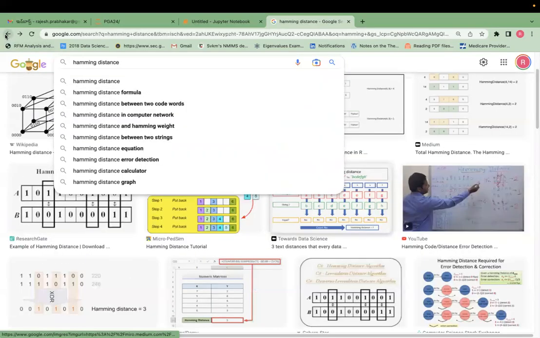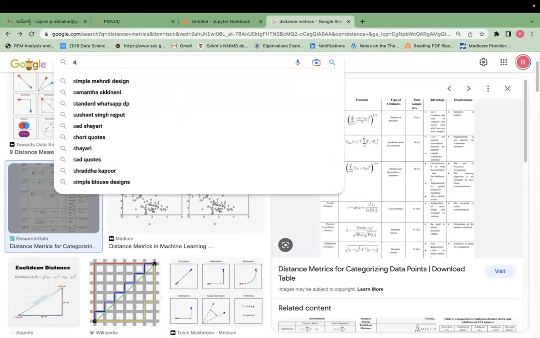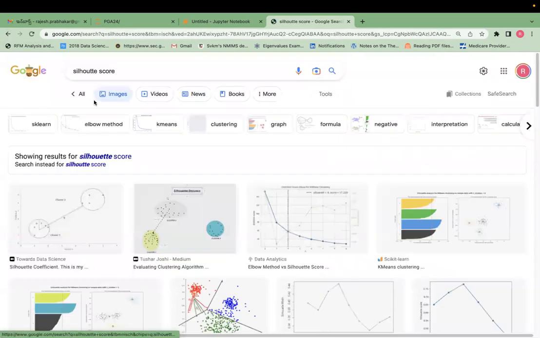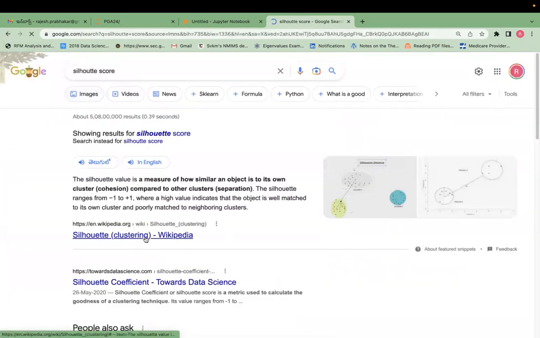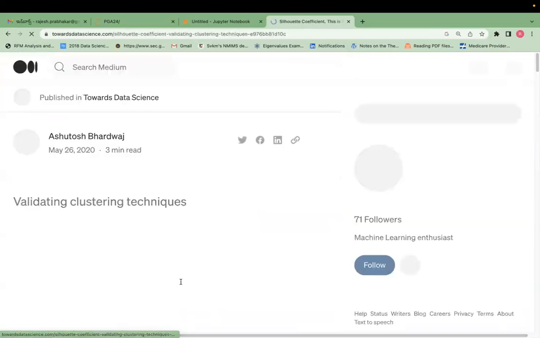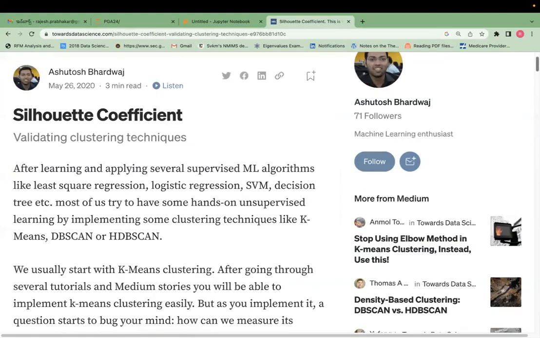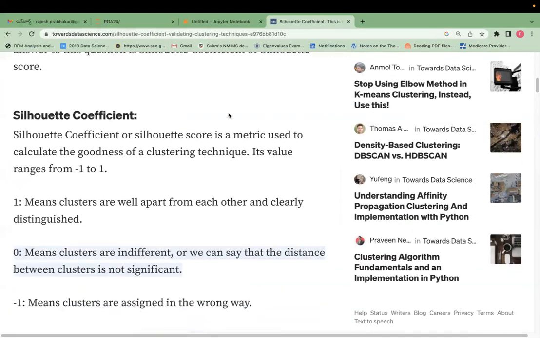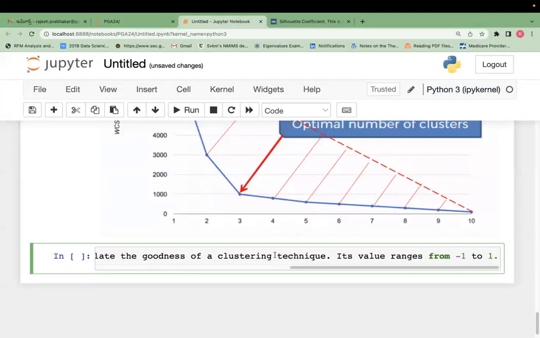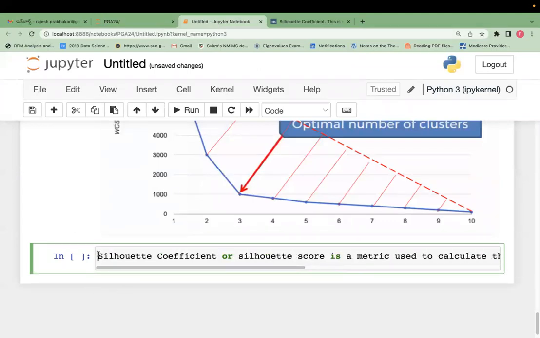The Silhouette coefficient or Silhouette score is a metric used to calculate the goodness of a clustering technique.